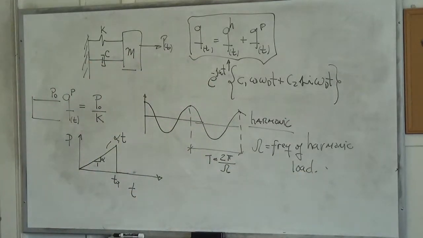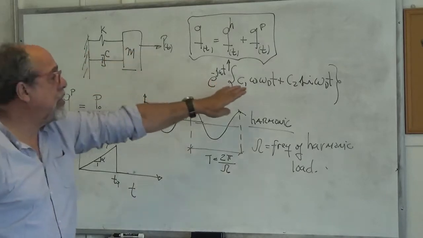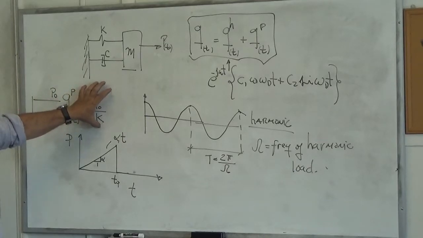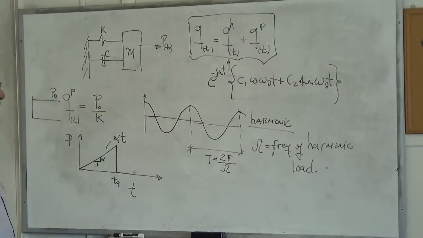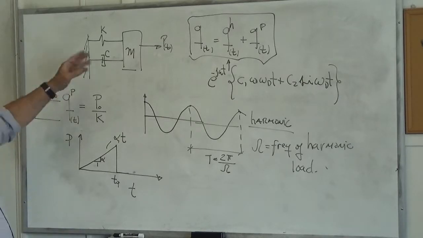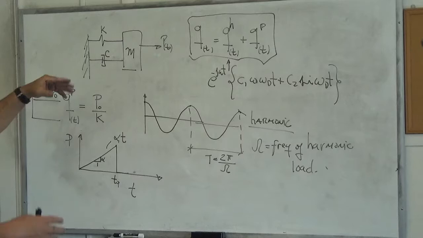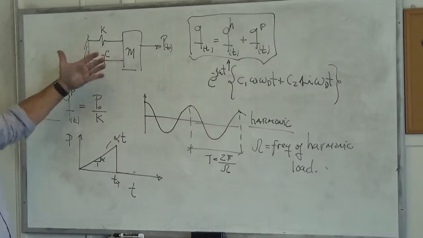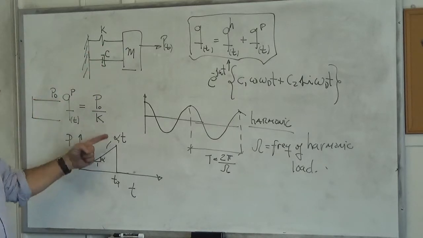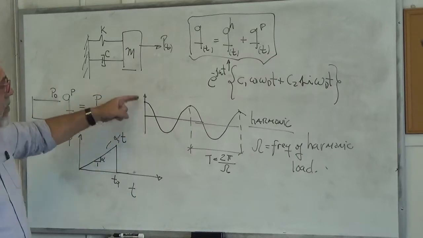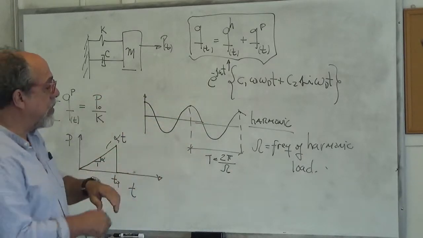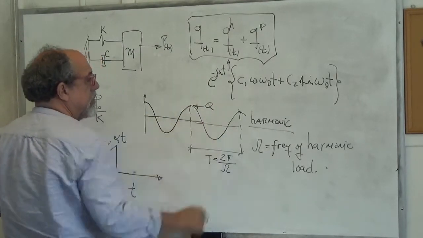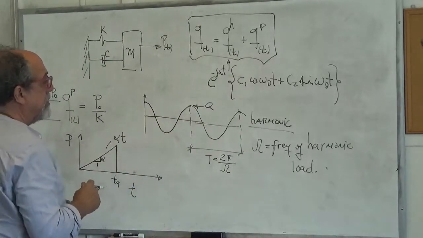So, in summary, we know the homogeneous solution. We've derived the particular solution for a step, and we have 2 more particular solutions to derive in this class before we go into looking at other ways to do this for arbitrary P. But in our immediate future, we have to solve the problem where the loading is a linear load that stops, and this one is a harmonic load that has a particular frequency and, of course, a particular amplitude, which we could call whatever, Q or something.